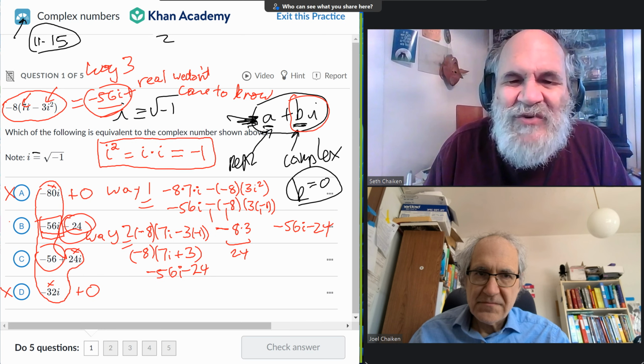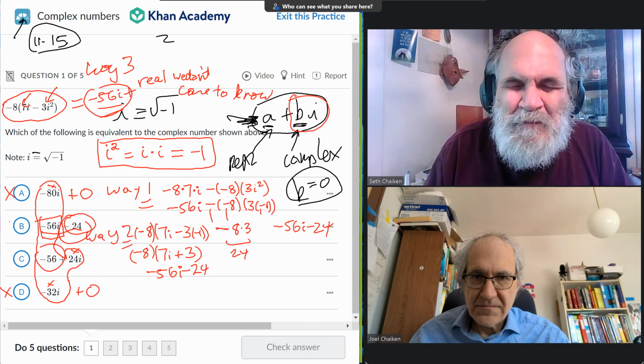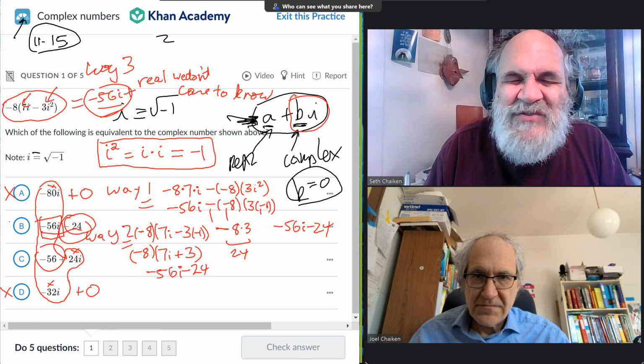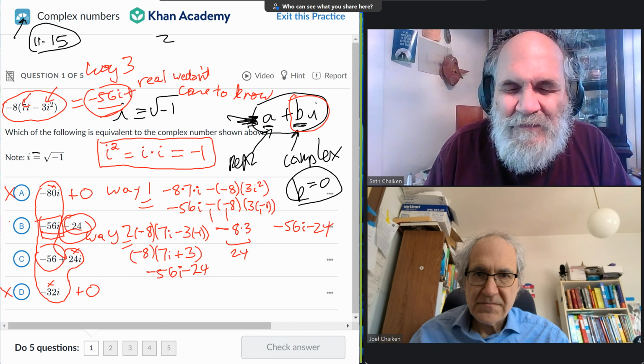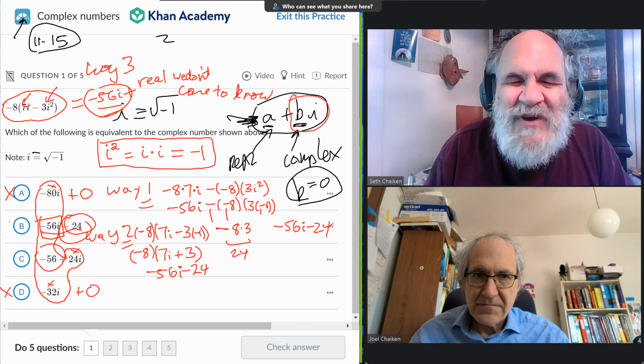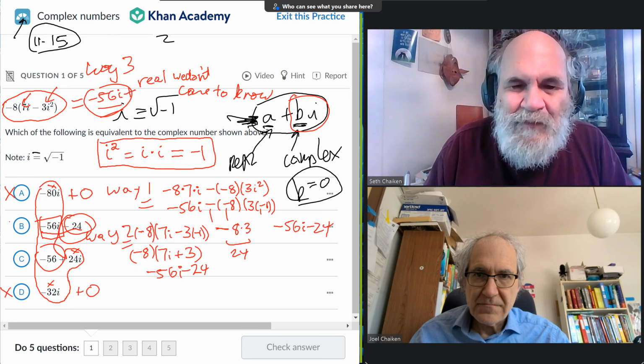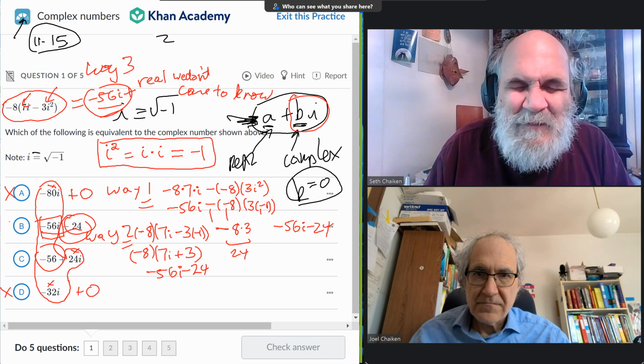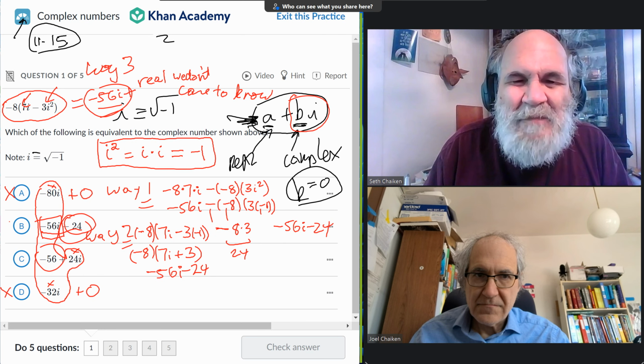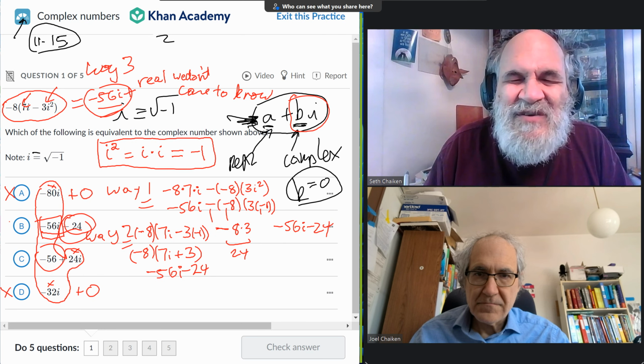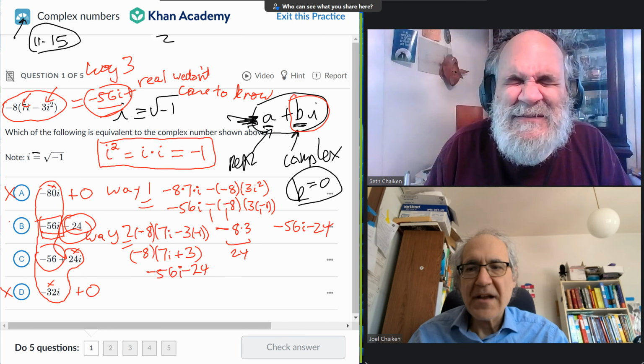But in any case, the real part of a complex number is, when you simplify it to real a plus real b times i, the a is called the real part, and the b times i is called the imaginary part. Got it. So I was a little bit wrong.